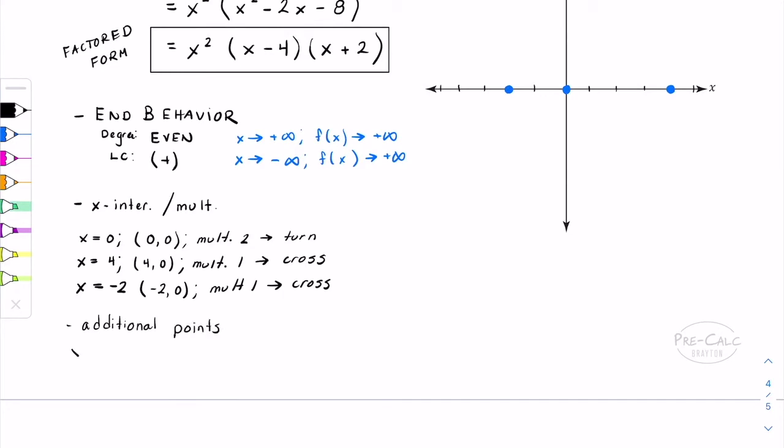And when I tested x equals negative 1, I substitute that back into the original equation, and my output was negative 5. Therefore, I have an extra point at negative 1, negative 5.